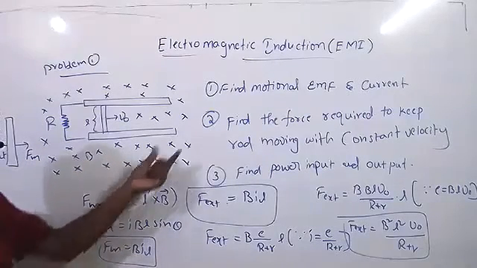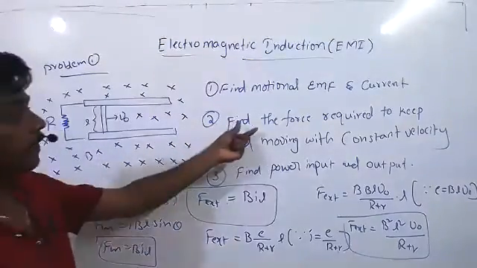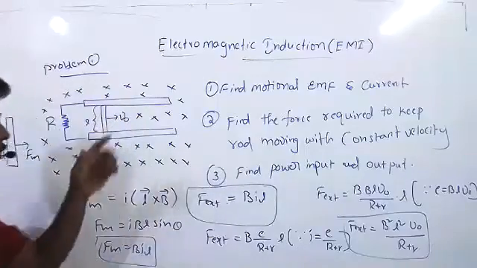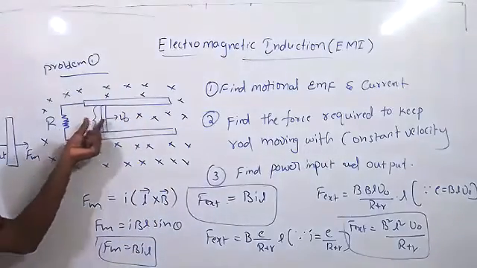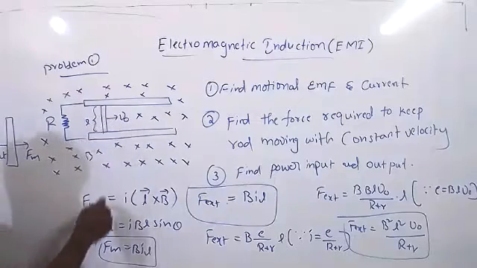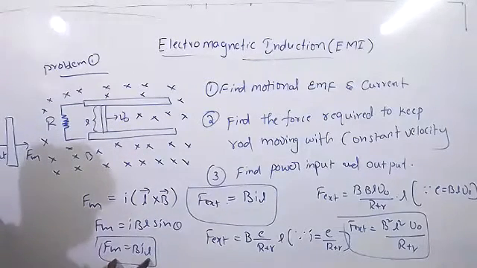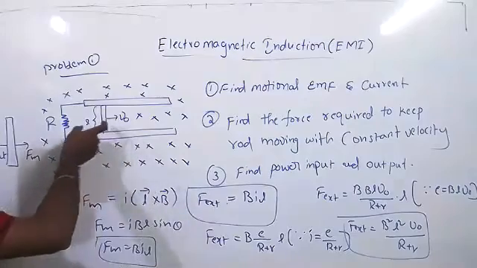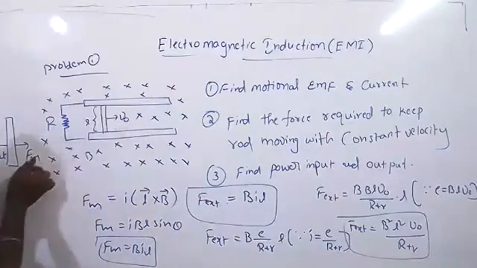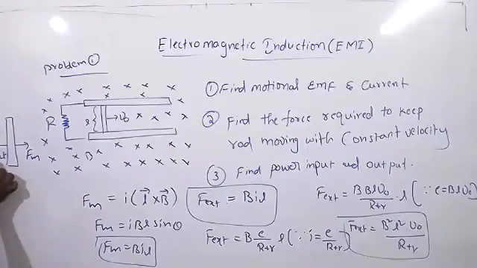See, we are finding the force required to keep the rod moving with constant velocity. On this rod, magnetic force is acting, and that magnetic force is equal to BIL. To make it move with constant velocity, in the opposite direction we have to apply an external force.